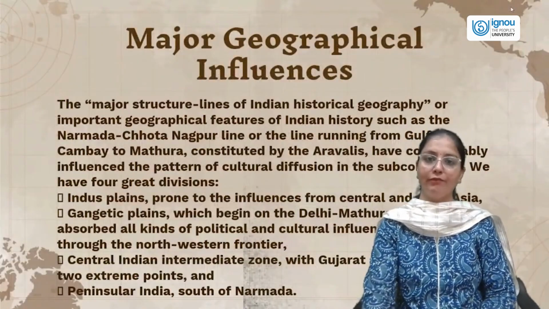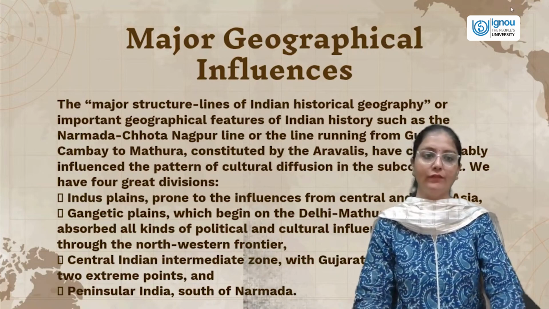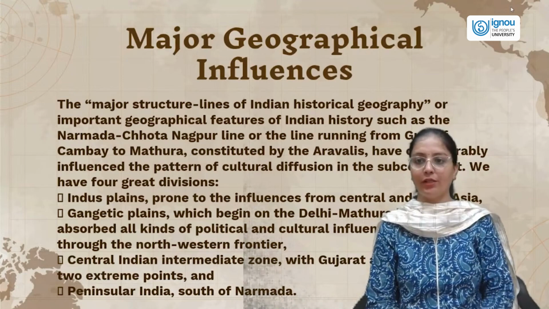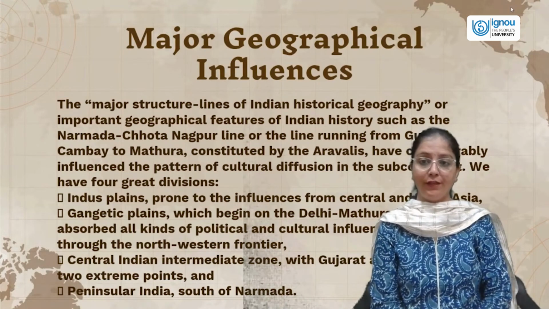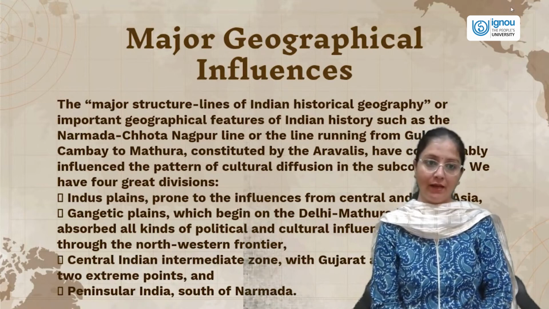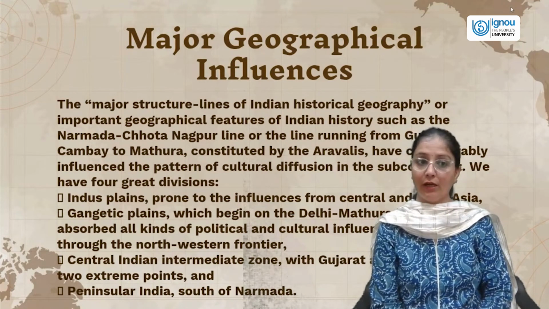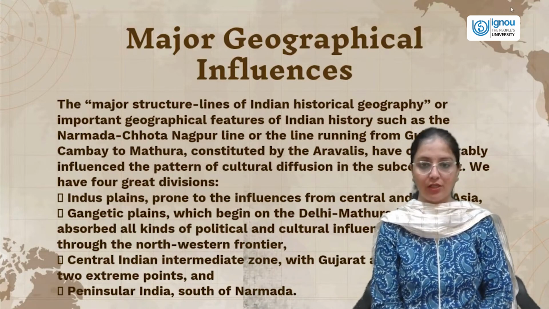Major geographical influences. What is the influence of the geography of that particular country? The major structural lines of Indian historical geography, or important geographical features of Indian history, such as the Narmada to Chota Nagpur line or the line running from the Gulf of Cambay to Mathura constituted by the Aravallis, have considerably influenced the pattern of cultural diffusion in the subcontinent.